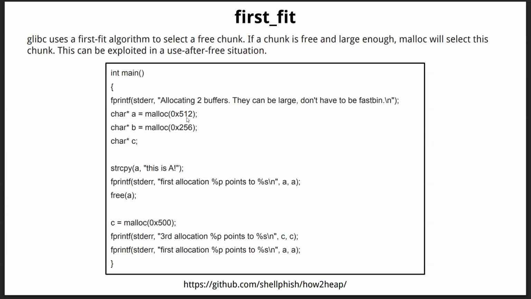We freed that. Now we malloc another 800. Instead of creating a new chunk for just 800, glibc will just reuse that 500, a little bit bigger chunk.